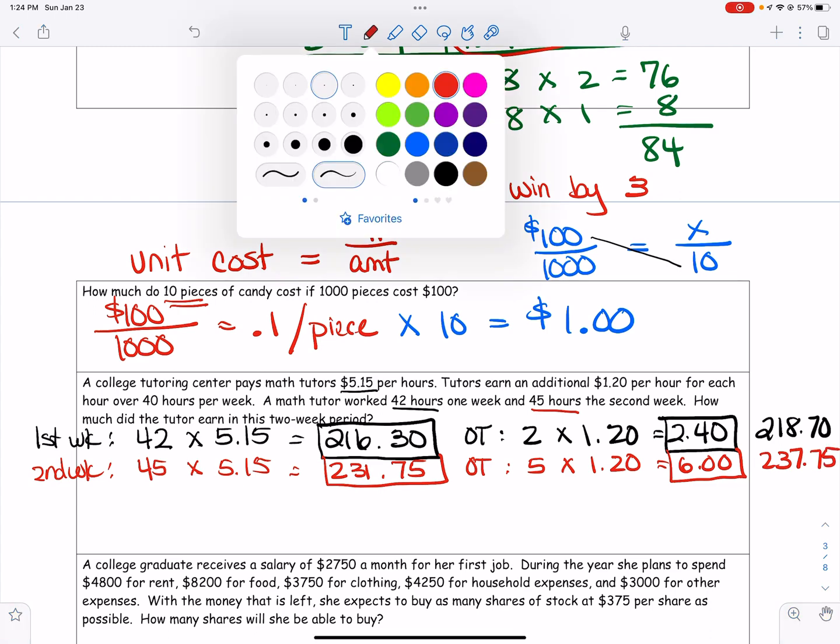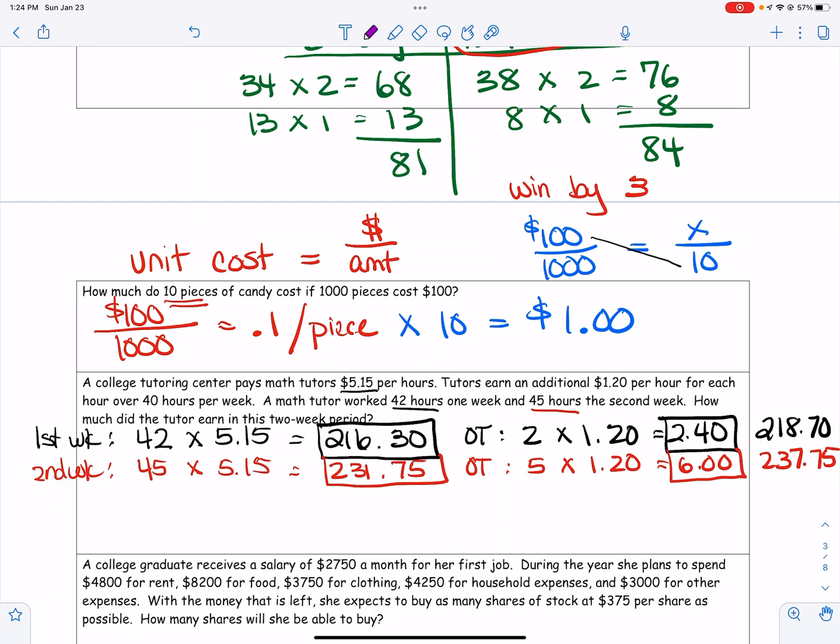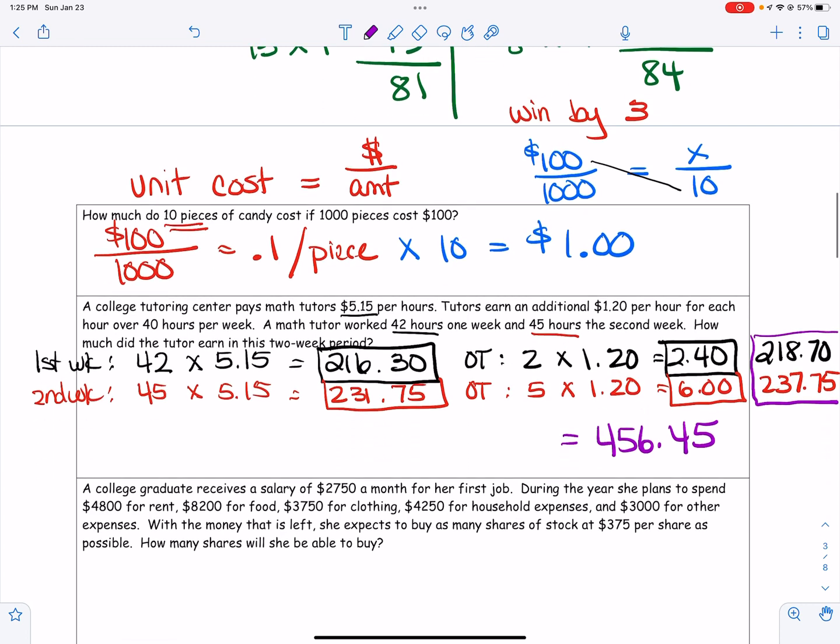And so to figure out what they made in both weeks, I am simply going to add those two together. So I get $456.45. That's not the only way to do it, but the most important thing is to make sure that for every hour you work, you definitely get paid that base rate, and you only get paid the $1.20 on the overtime hours.